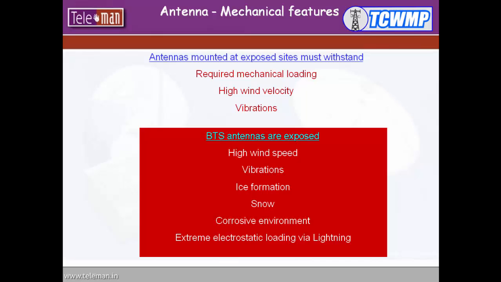Also vibration, ice formation, because normally in very cold countries ice will form on antennas, snow, corrosive environments, or extreme electrostatic loading via lightning. So BTS antennas should withstand all these mechanical conditions.